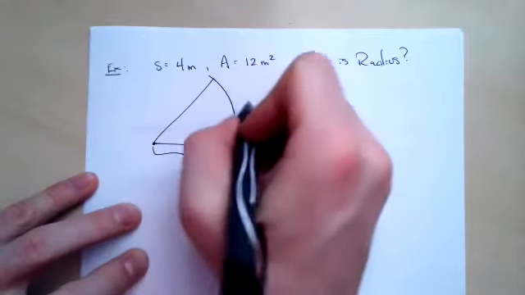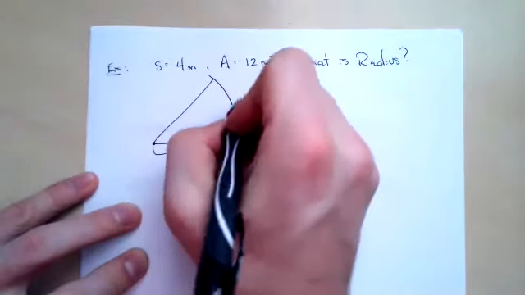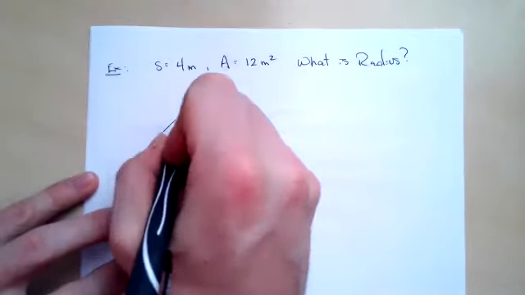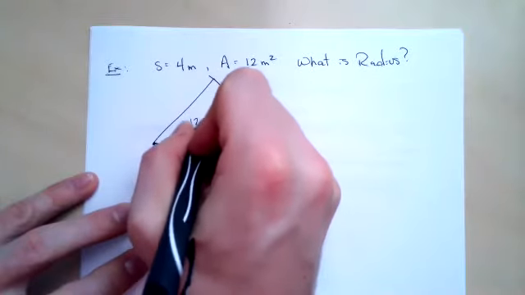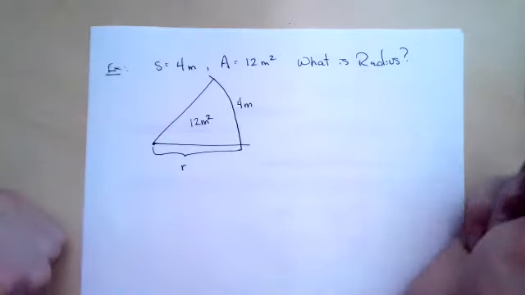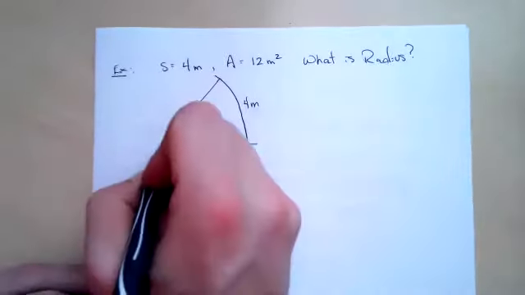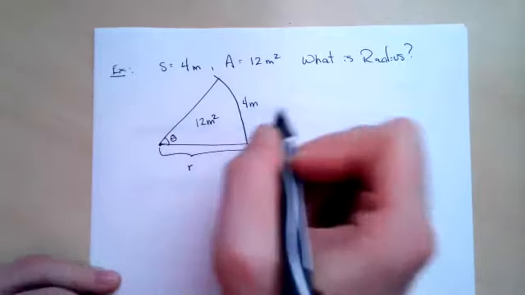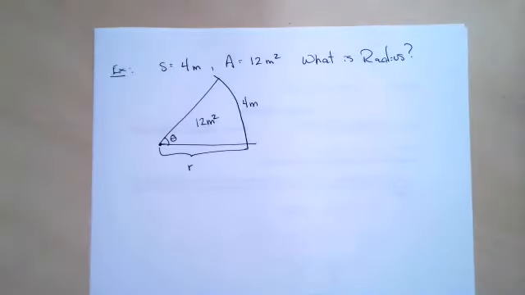We don't know the radius. We know that the arc length is 4 meters and that the area is 12 square meters. We neither know the angle nor the radius. The question asks, what is the radius?